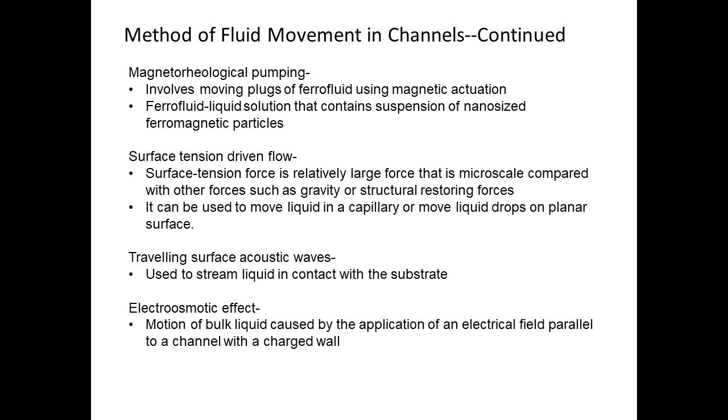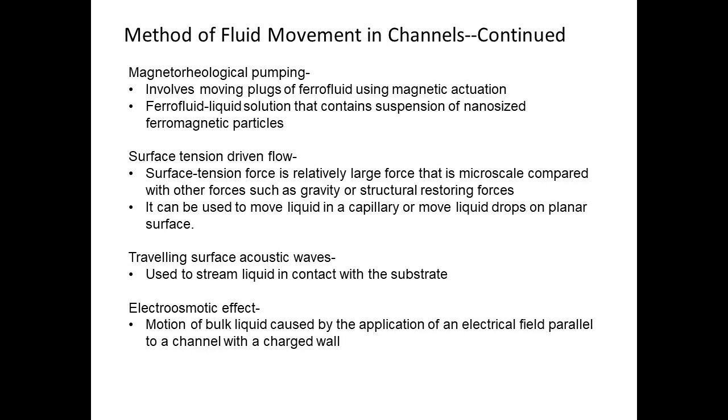Another way is surface tension driven flow. Surface tension force is a relatively large force at the microscale compared with other forces such as gravity or structural restoring forces. This can be used to move liquid in a capillary or move liquid drops on a planar surface.